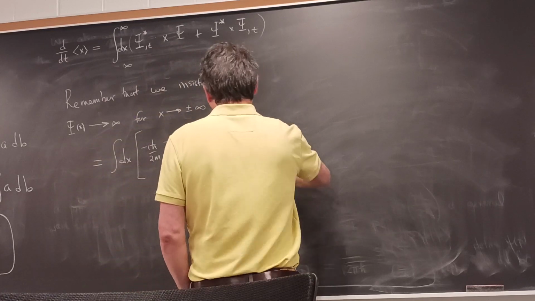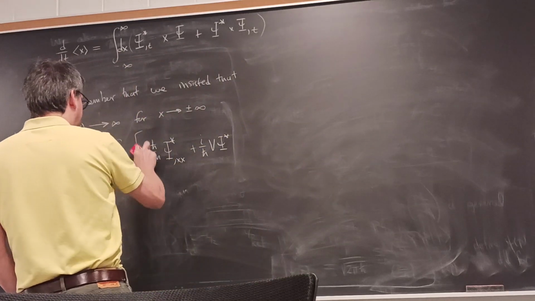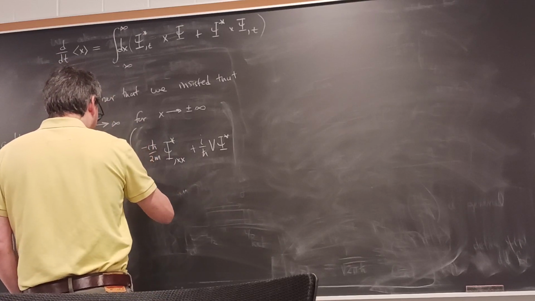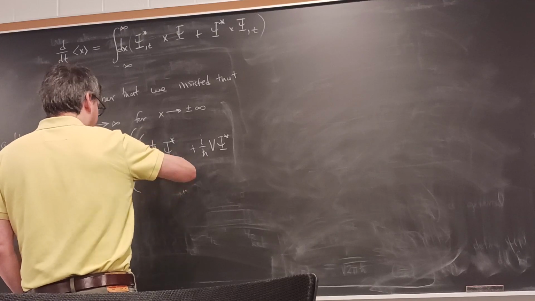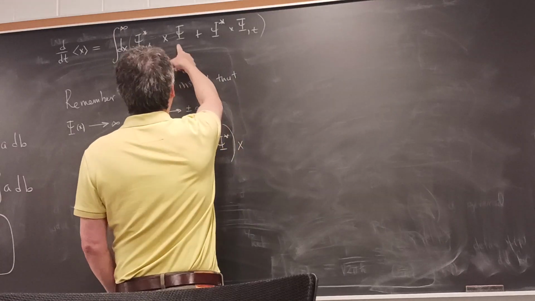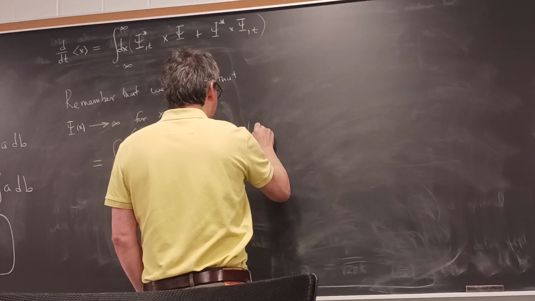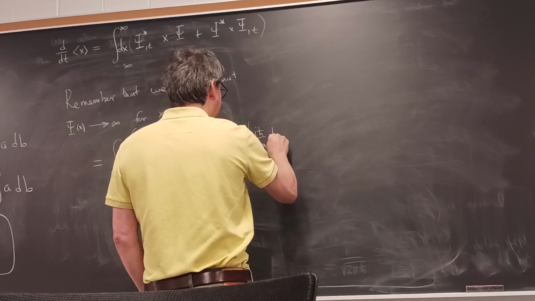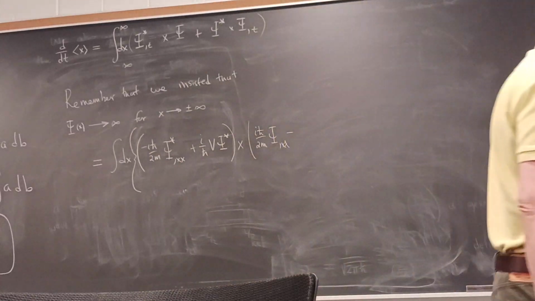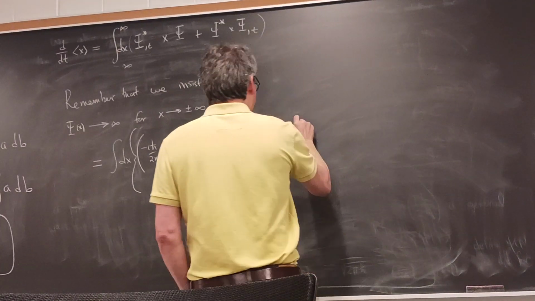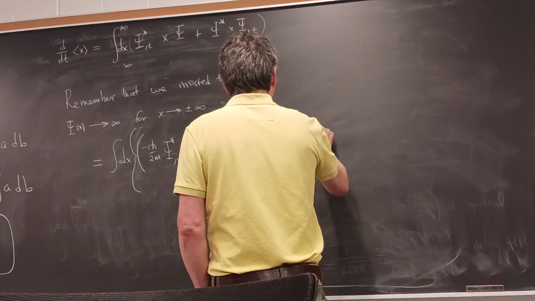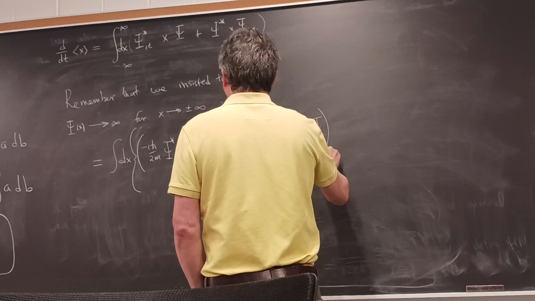I need multiple parentheses in here, so let's put x, and now I've just got the regular psi of t, which is i h bar over 2m psi comma xx minus i over h bar V psi. Okay?